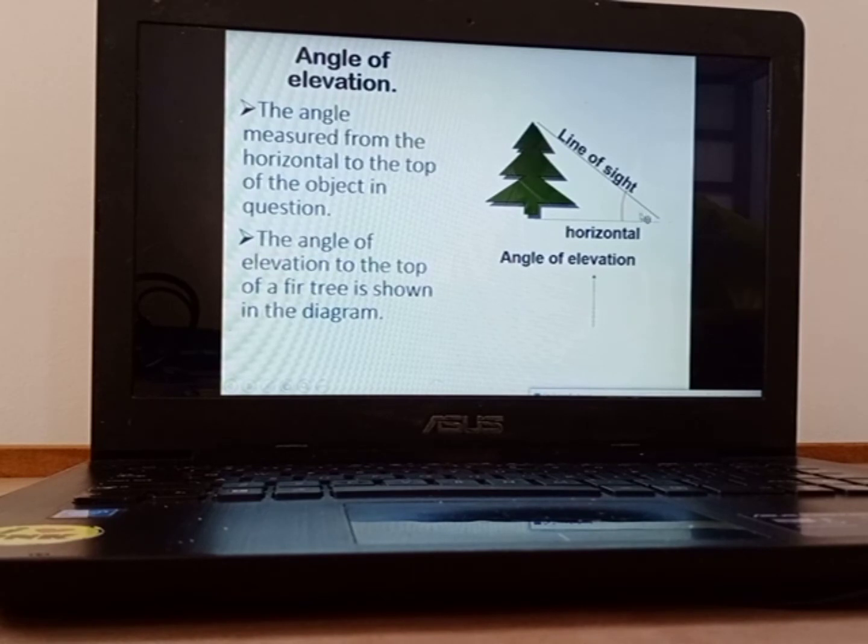If you stand at this angle, you look at the top of the tree, or the top of a building, or any kind of object that has a height. This is your line of sight, and this is where you stand. The distance between you and the base of the tree is your horizontal.